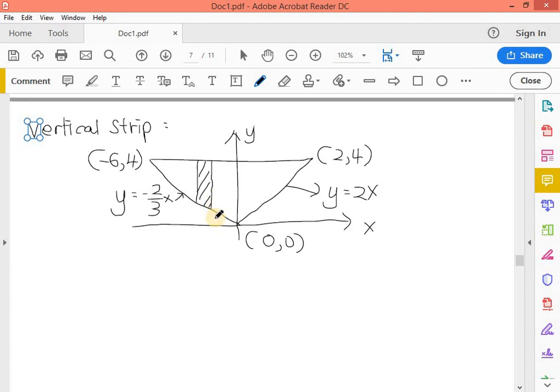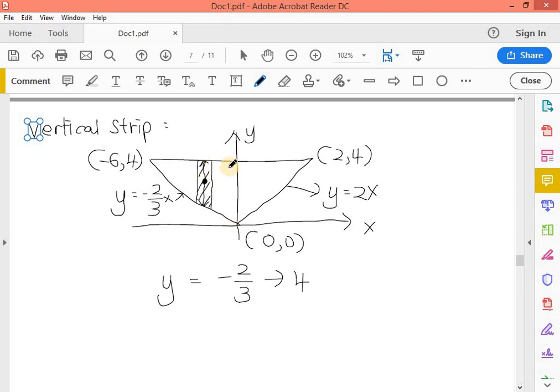Okay, so now you assume yourself is inside the vertical strip. What will you see when you refer down? You will see a line, am I right? So when you refer up, 4, right? So your interval for y will be from negative 2 over 3 to 4. Am I right?